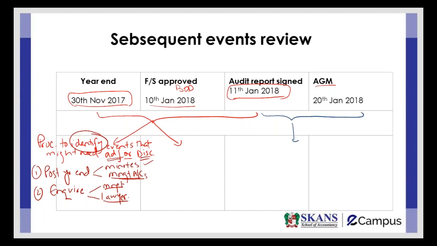Keep reviewing the normal post balance sheet work that you do, receivables recovery issues, NRV issues. All of that is ongoing anyway. But this is the additional identification work that you have to do, and these are the procedures that you'll need to learn because they come as straightforward. So use your revision notes to learn those procedures.